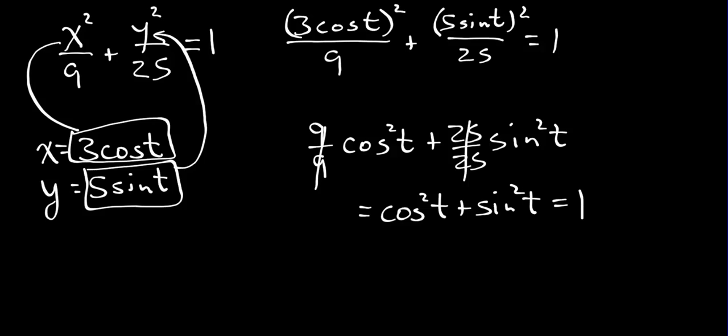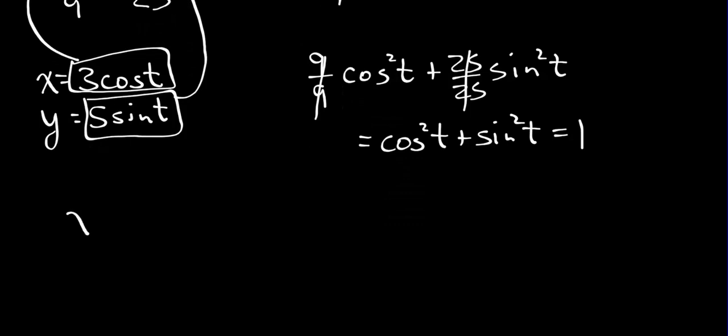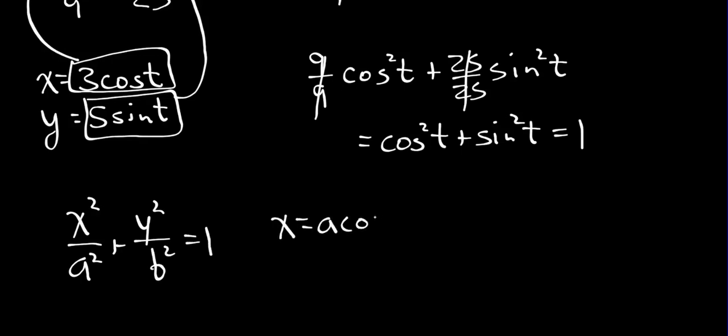So if we want to parametricize an ellipse, let's suppose we've got x squared over a squared plus y squared over b squared, well, just let x equal a cosine t and y equal b sine t, and that'll do it.